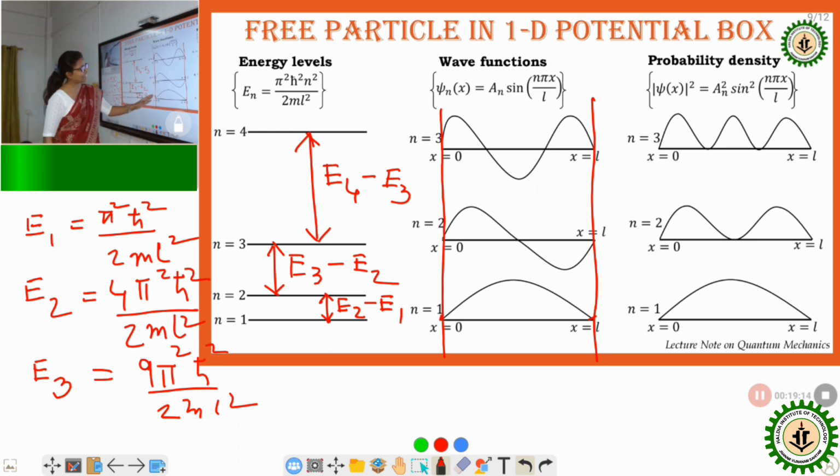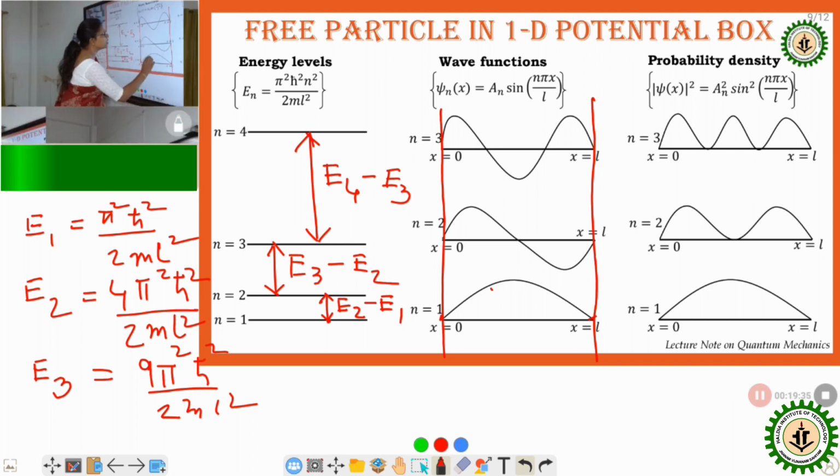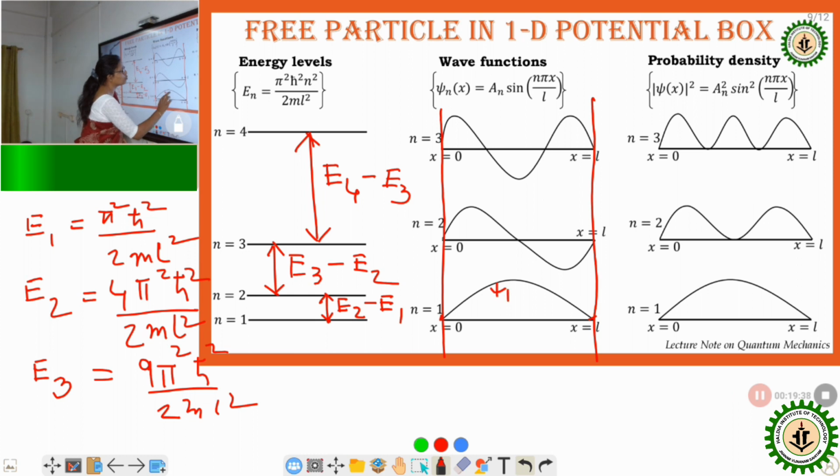Now at x equals to 0 and x equals to l, at these two points, there are nodes. That means this is the wave function for psi 1, when n equals to 1, the wave function psi 1 x.